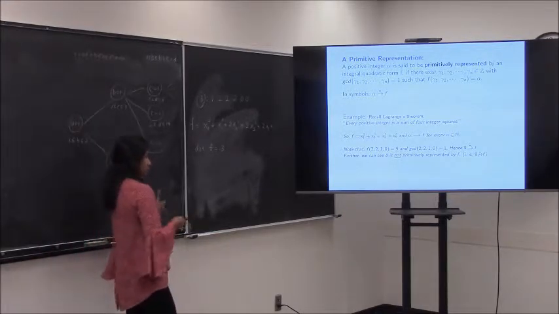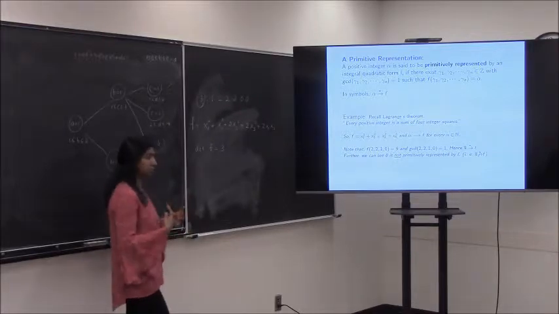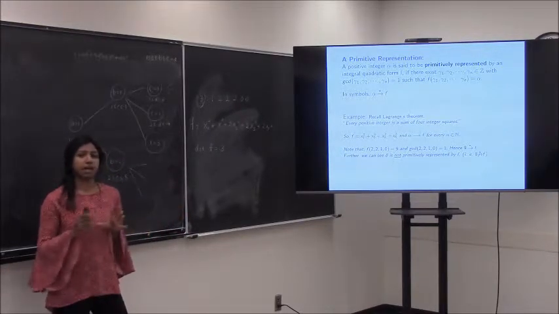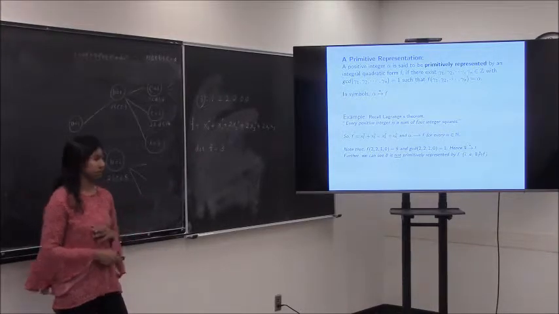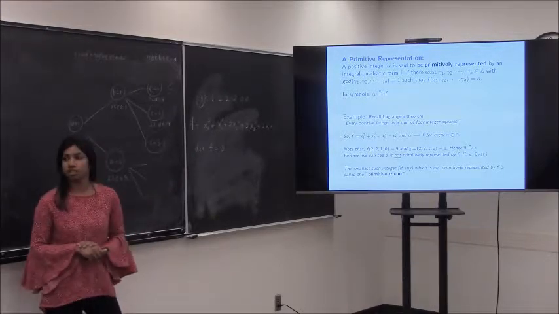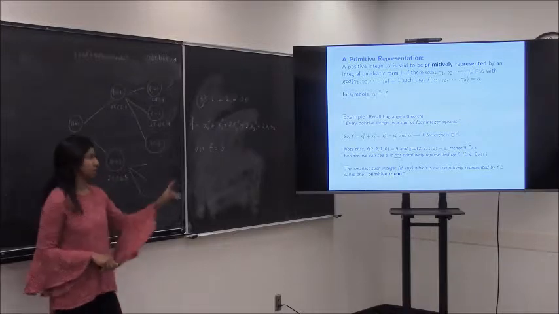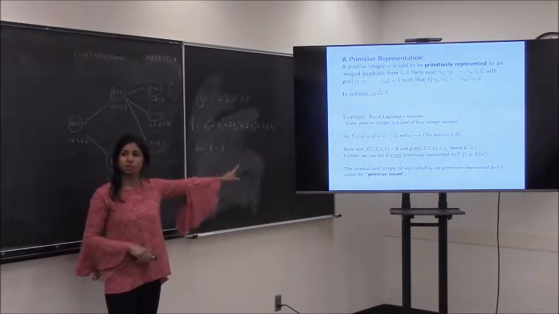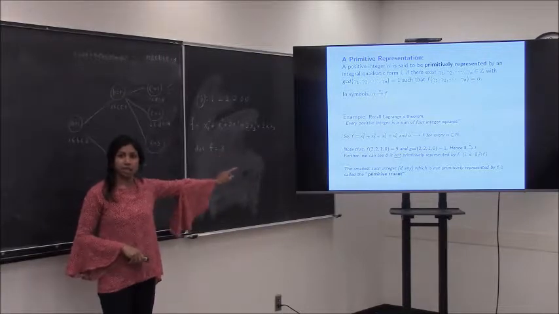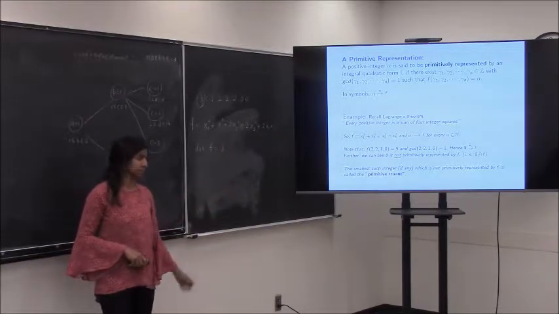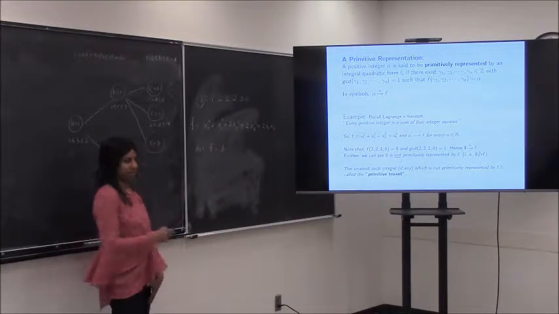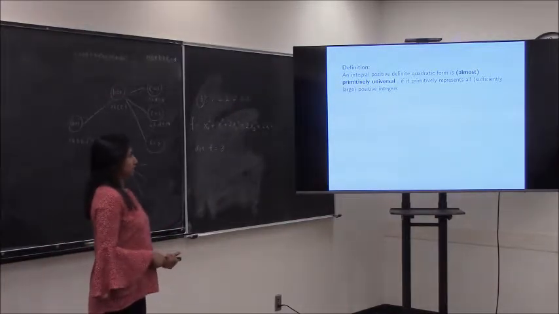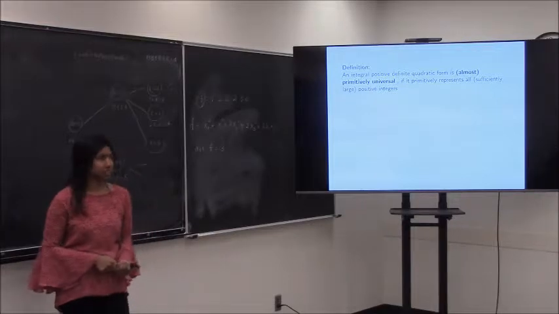So for a given quadratic form, the smallest integer that cannot be represented primitively is called the primitive truant. So in this case, 8 is the primitive truant for this quadratic form. Anything up to 8 can be represented primitively. Okay. So we stated the universal forms earlier.